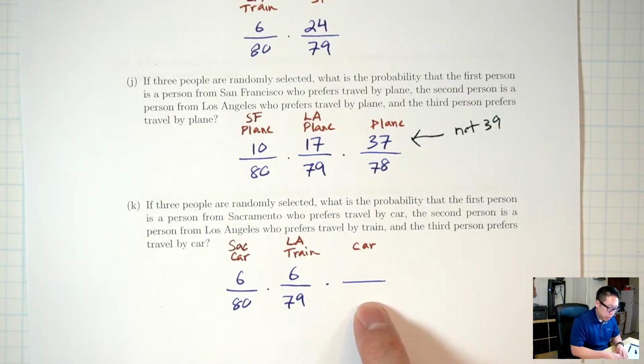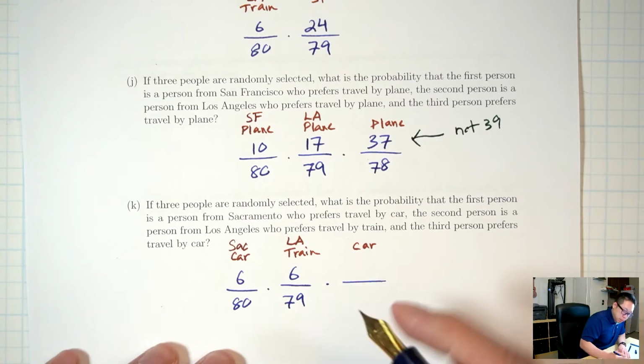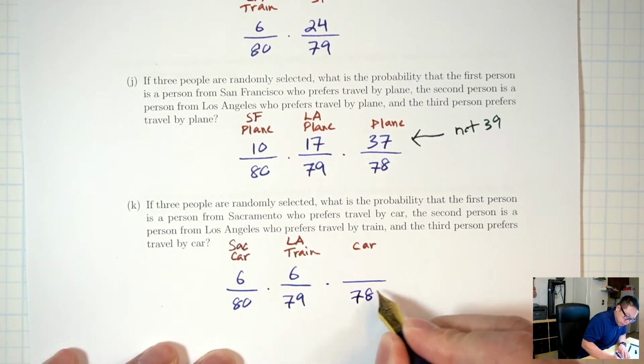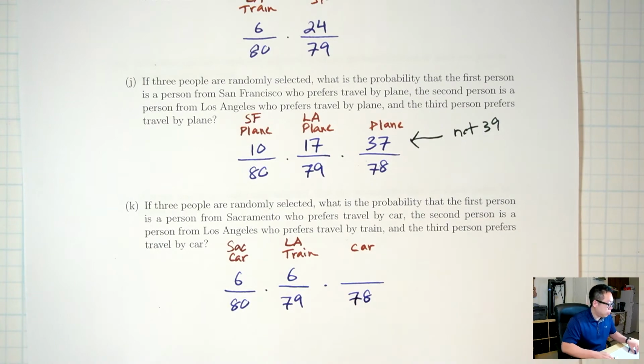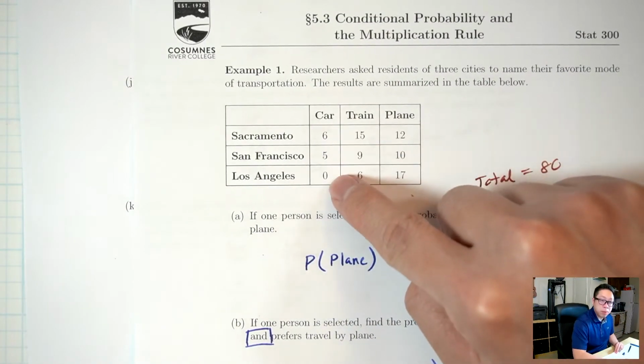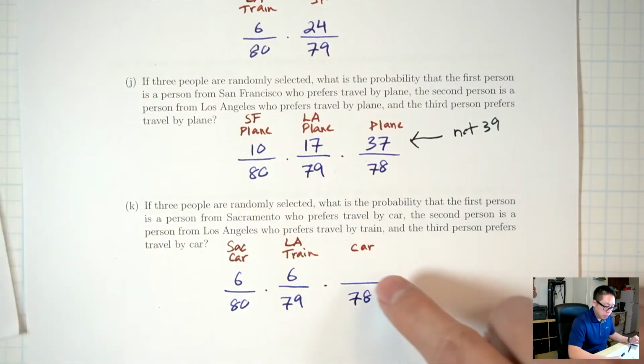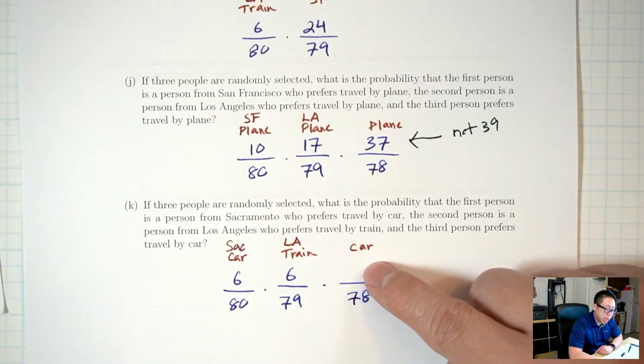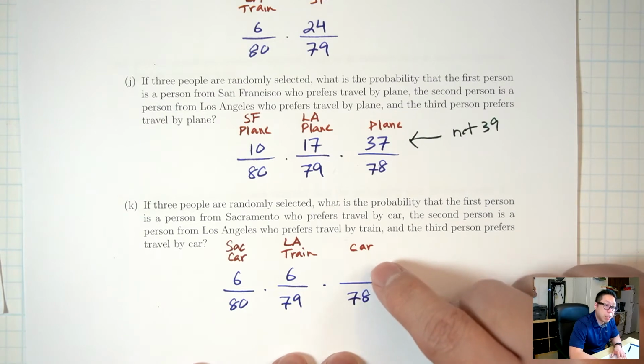Third fraction, keeping in mind we already picked 2 people, so we should be down to 78 on the bottom. And then up top, car. So car is 6, 5, 0, so that's 11. The question you should ask yourself is, have you used any cars yet? Yes. The first person was car. So you used 1 car already, which means I should be down by 1.